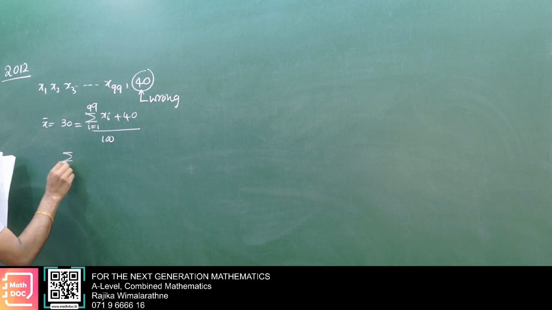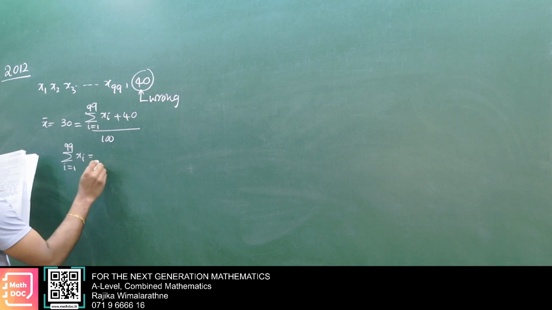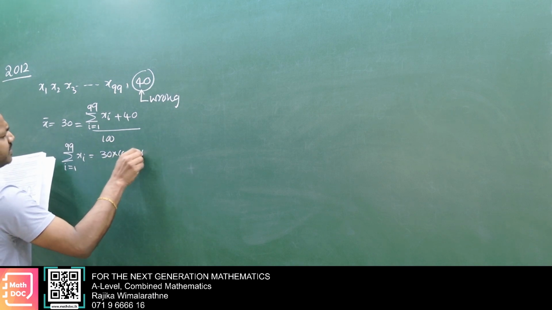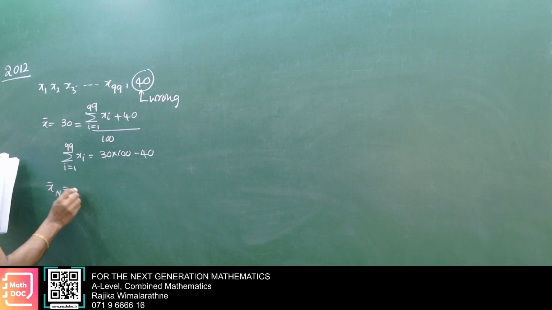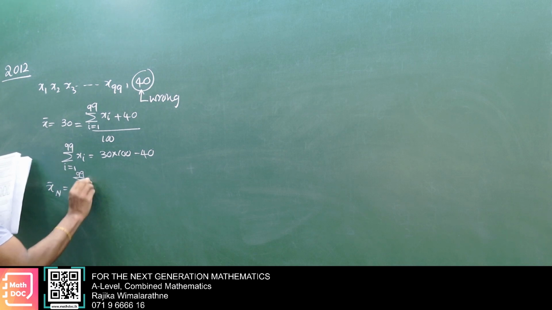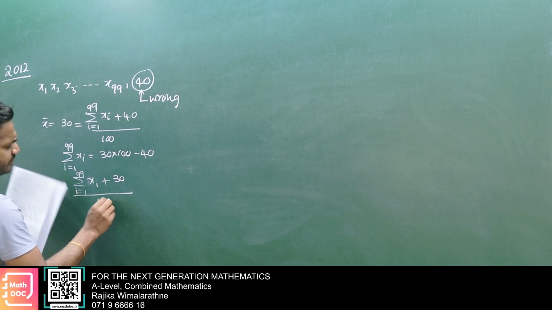Therefore, sigma i equals 1 to 99 of xi is 30 times 100 minus 40. Then the new mean: sigma i equals 1 to 99 of xi, now you add the correct value 30, divide by 100.